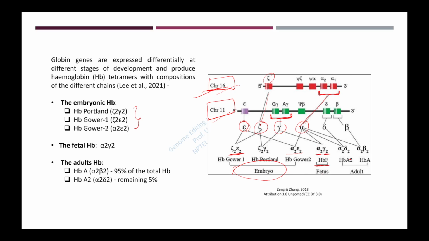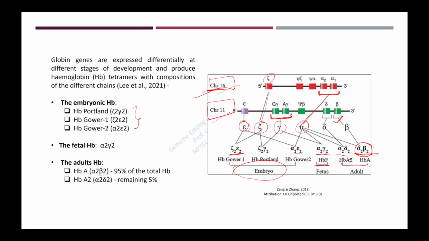Then when childbirth happens, in the adult form, two forms of hemoglobin are present. HbA comprises alpha 2 beta 2. Beta is coming from chromosome 11, alpha is coming from chromosome 16.